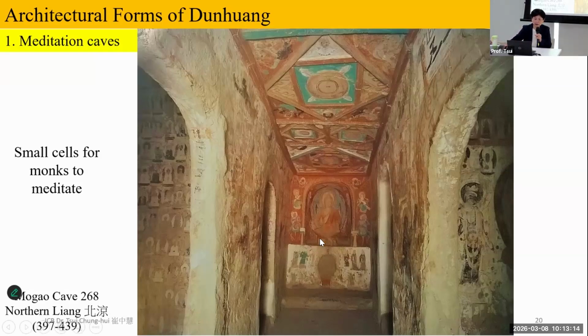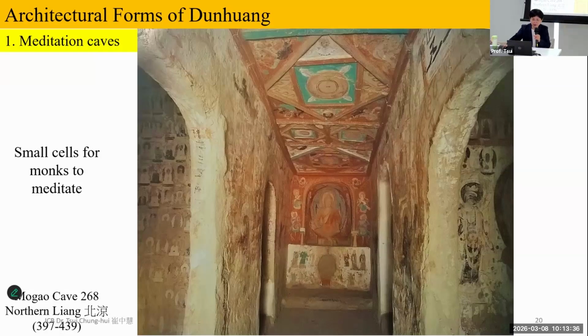He is seated in a cross-ankle posture. On both sides, we have the Bodhisattvas, and below the main altar, there is a group of donor images. The donors' images were painted on the wall.